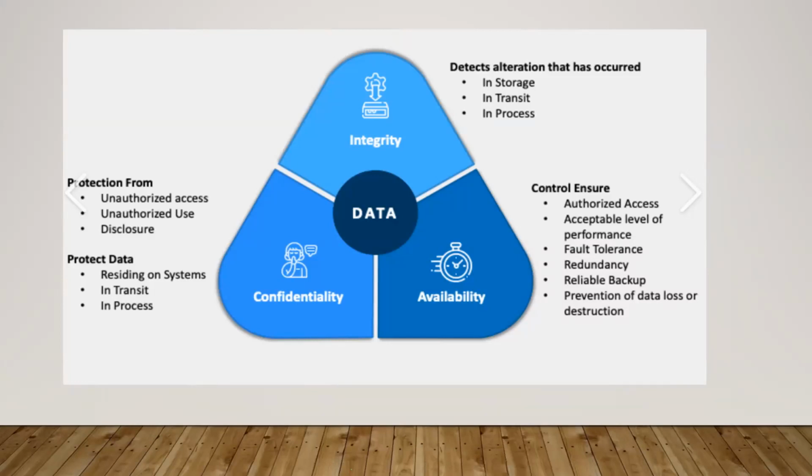That's why when we talk about availability, an organization is supposed to equip itself with reliable backup, redundancy, fault tolerance, and also improve the performance of its system. I hope we're together on this, and as most of you have a clue about database security, I've just highlighted and cemented it a bit.